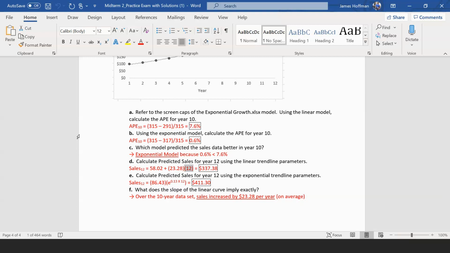So just put in the 12 for year 12. X is equal to whatever year it is in this model: 1, 2, 3, 4, 5. In this case, you want sales in year 12, so in the 12th year, just put in 12.